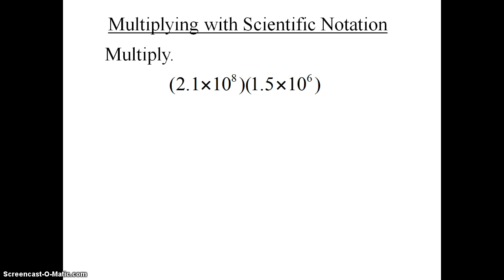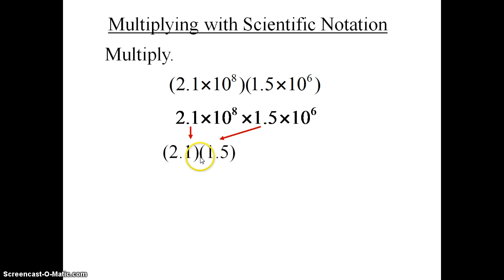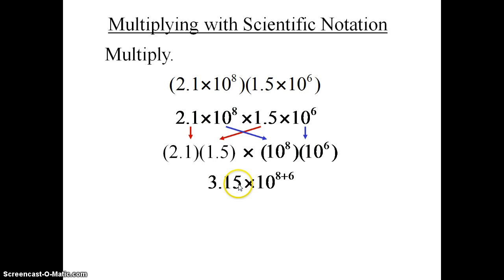So the first thing we're going to do is remove the parentheses because they're unnecessary here, knowing that it's a multiplication problem. The second thing we're going to do is collect the 2.1 and the 1.5. So we're going to rearrange those so that they're listed first. And then we're going to put our powers at the end, 10 to the 8th and 10 to the 6th. So in doing that, we're actually multiplying 2.1 times 1.5, and that's going to give us a value of 3.15.